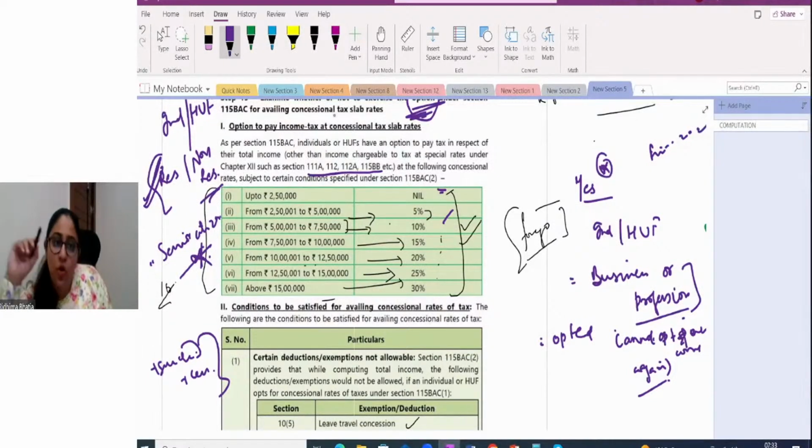You can opt out once. No one is saying you should not opt out. When you are having business income, you can go out once and come in, then you can go out only once, and cannot come back again in that scheme. For other than business, you can come in and out all the time, no problem. You come in one year, you come out another year, no problem. But when you are having business income, the call is yours.